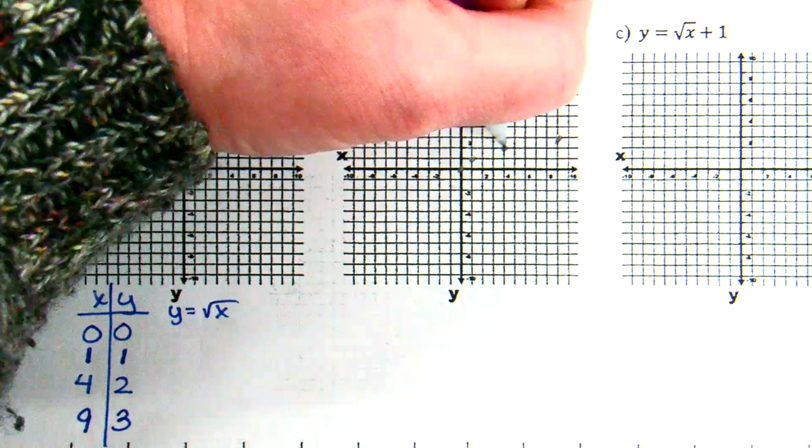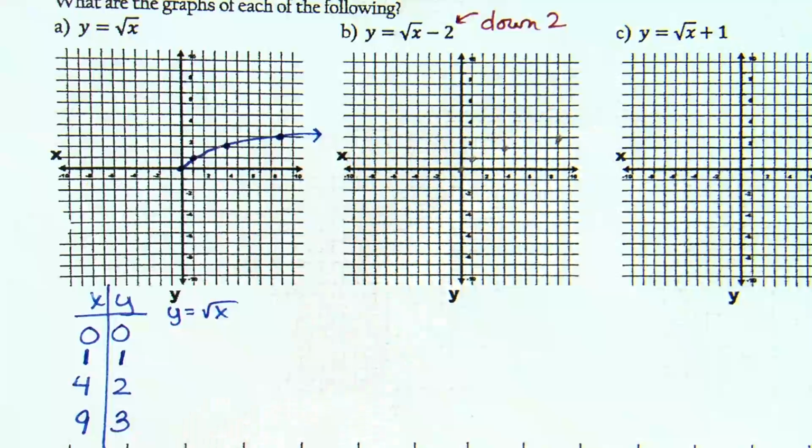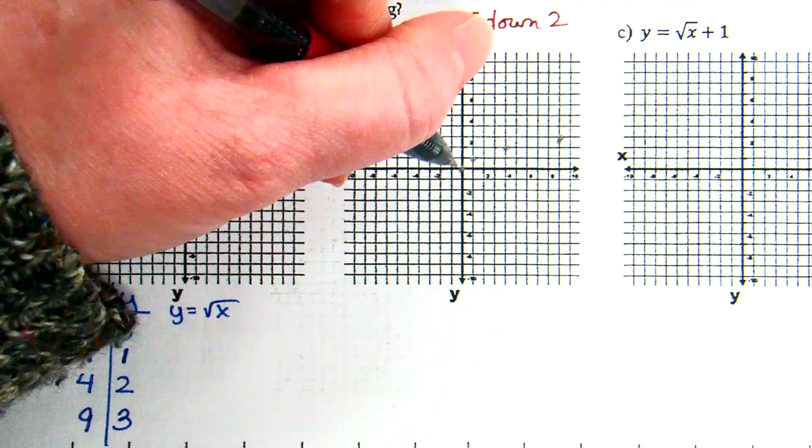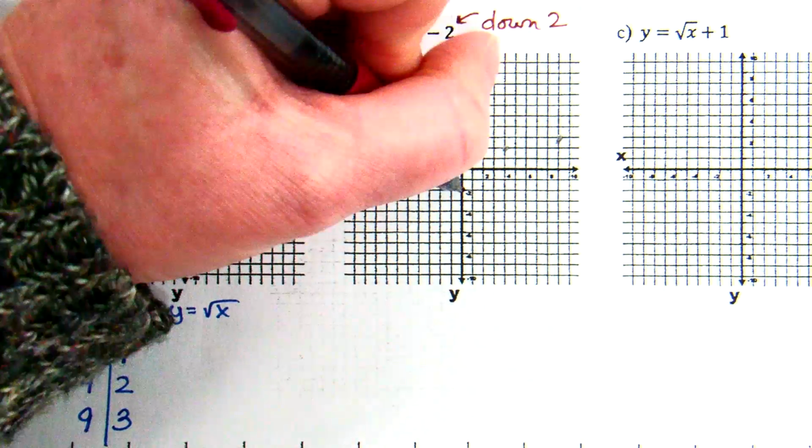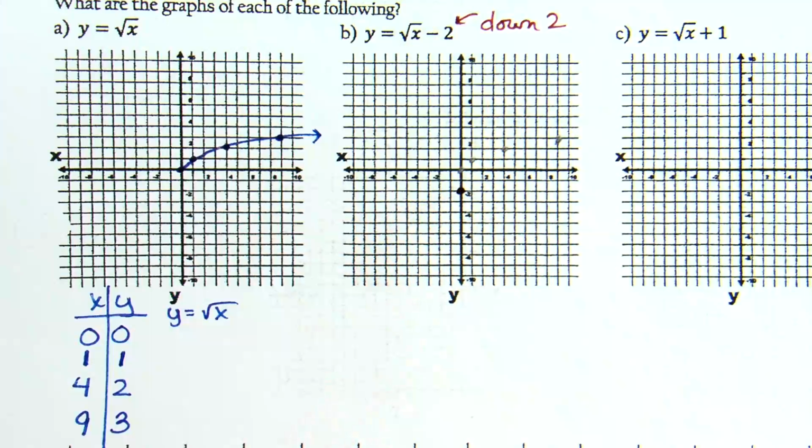But you could graph those and just take each of those dots and move them down 2. So that means, it's not really a vertex, but I kind of call it, if I take 0, 0 and move it down 2, I'm at 0, negative 2. I can do the same thing with 1, 1, 4, 2, and 9, 3.